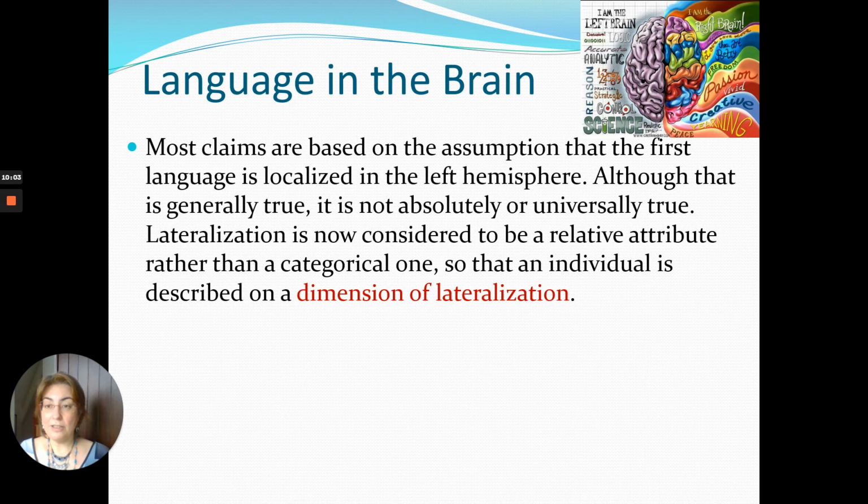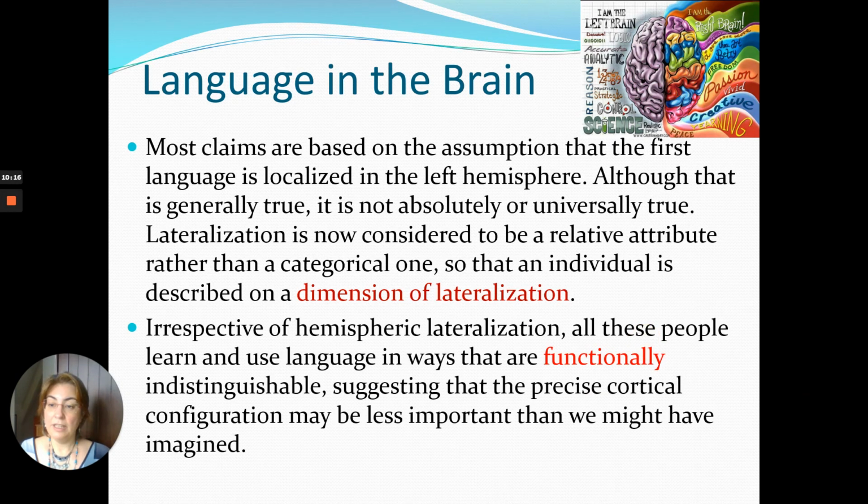So one thing we have understood is that even though you can have these maps of where language is stored, there is no universal claim to them, and individuals do vary. But what we do know is that irrespective of hemispheric lateralization, all these people learn and use language in ways that are functionally indistinguishable, suggesting that the precise cortical configuration may be less important than we might have imagined.